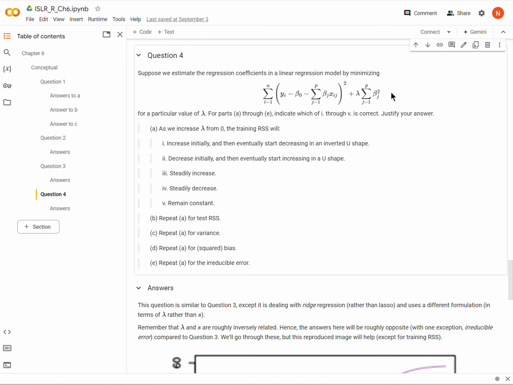So assuming that the best model is not maximally constrained nor minimally constrained, then when lambda equals 0, we won't have an optimal fit. There's going to be some residual sum of squares that could be improved on.